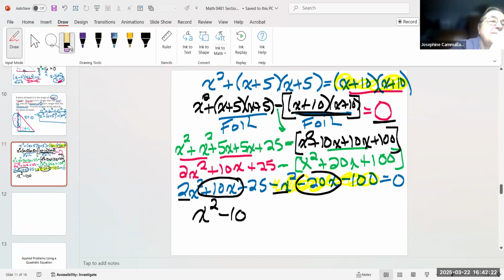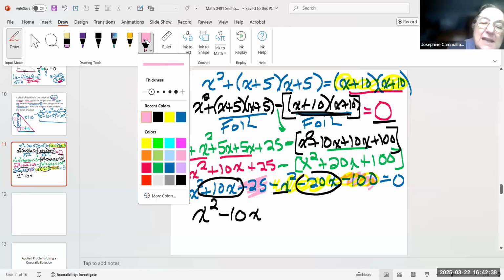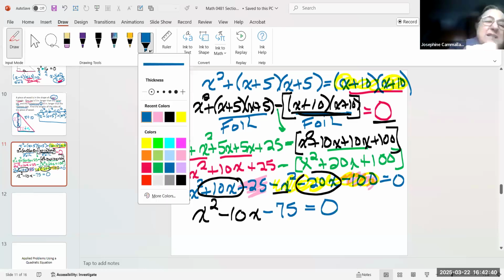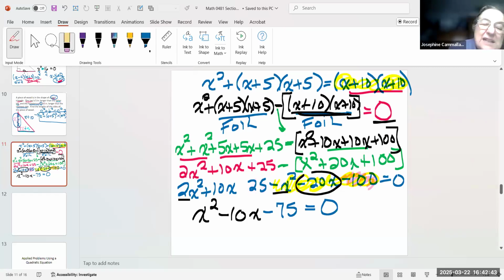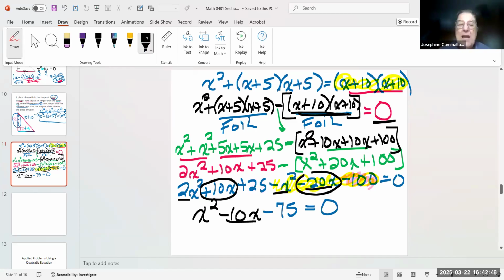Now don't forget, before I forget, so that you don't miss it, this was a positive 25. Positive 25 and negative 100 give me negative 75.